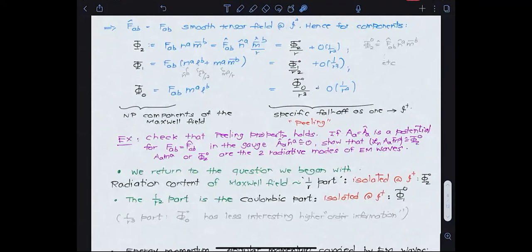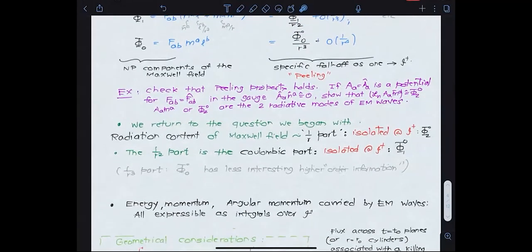Then if you want to dig deeper and find the part which falls like 1 upon R squared, you have to look at that. 1 upon R cubed, you have to look at that. As a side remark, if I use a potential for the Maxwell field, and use a gauge in which the n component of A hat is equal to 0 at Scri, then one can show that the Lie derivative of this, which is the same as d by du of A dot m bar, is just equal to phi 2 naught.